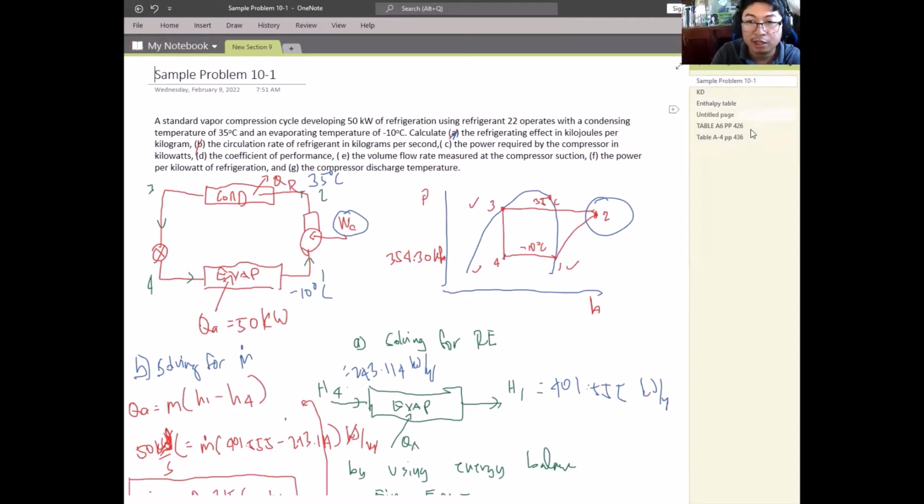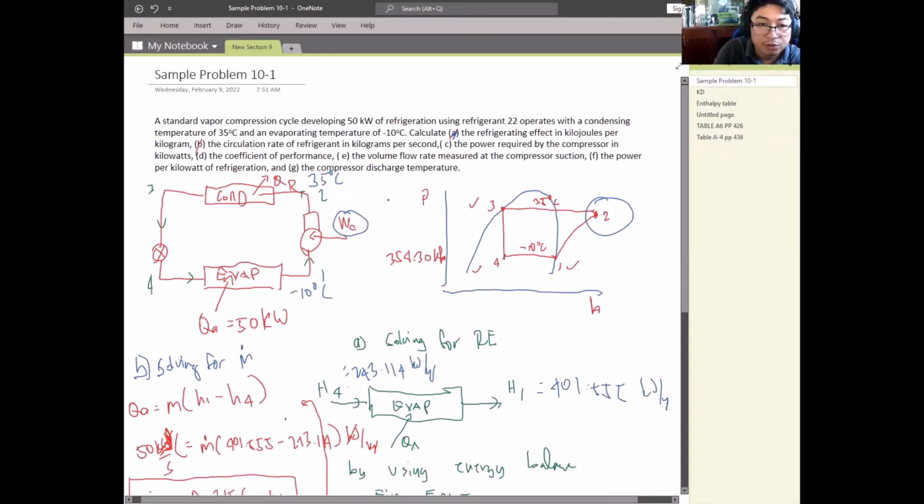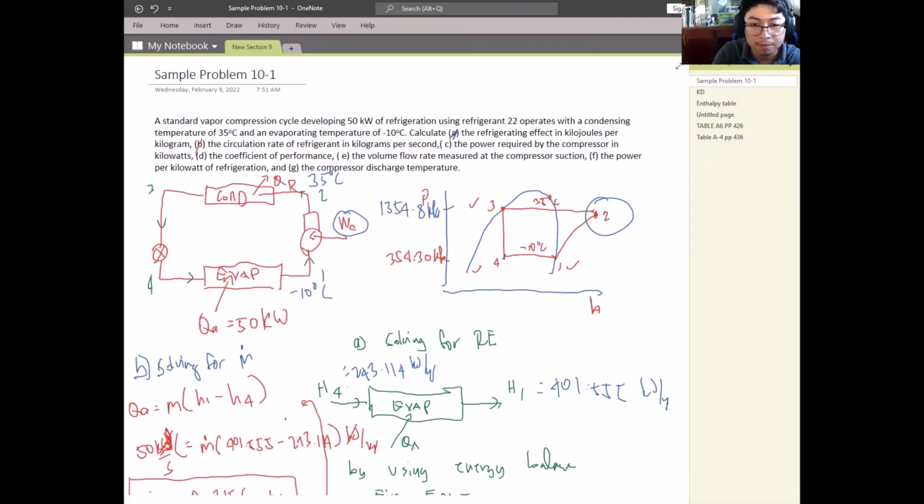Let's check. At 35 degrees Celsius, the pressure is 1354.8 kPa at point 3. So we can plot 1354.8. This is the pressure side.